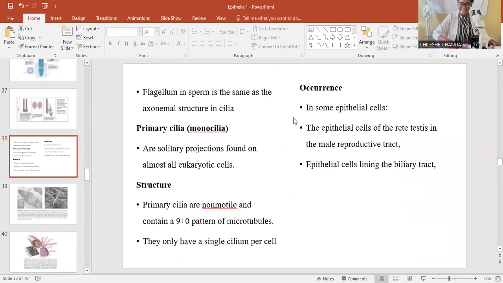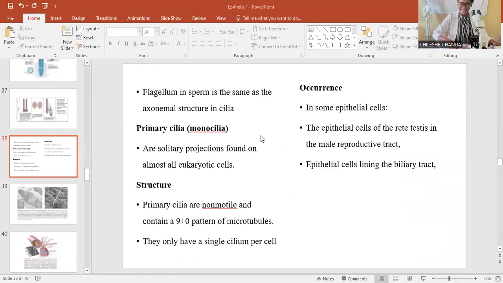Sometimes you will find some cells that will have only one cilia on top. Instead of a lot of cilia, there will only be one cilia on top, and that is known as the monocilia. And we have monocilia on a lot of eukaryotic cells.